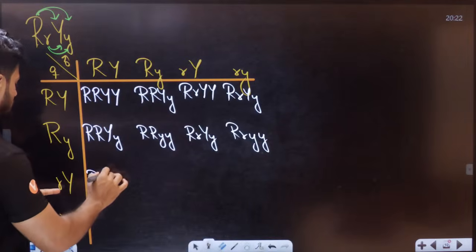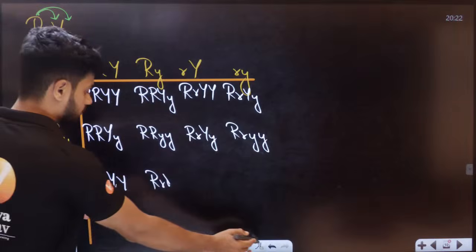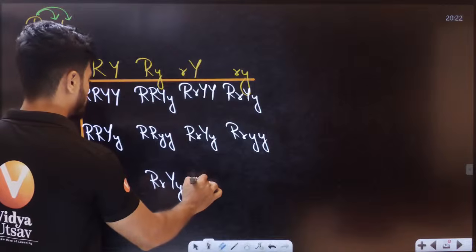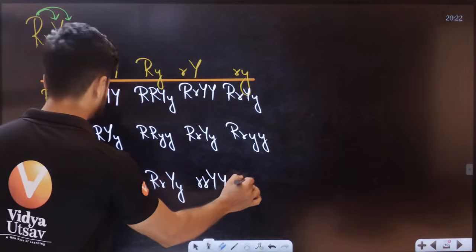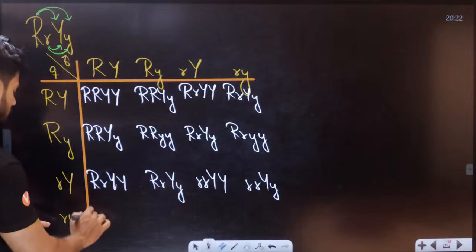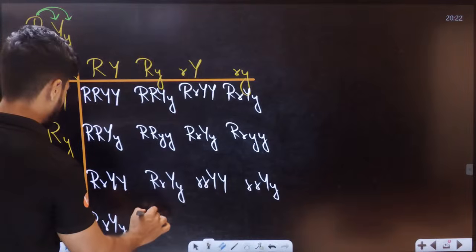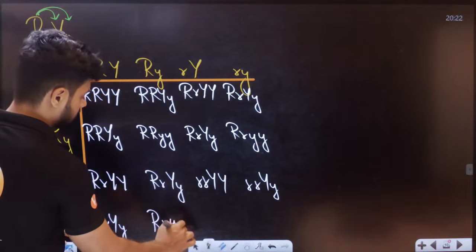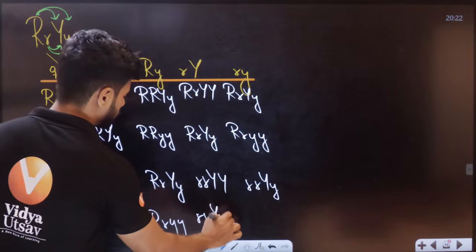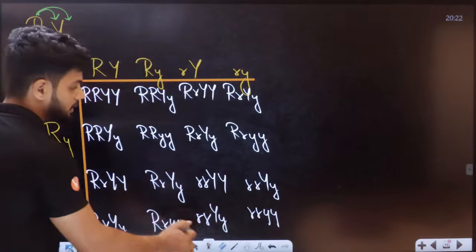Capital R, small r, capital Y, capital Y. Capital R, small r, capital Y, small y. Small r, capital Y, small y. Capital R, small y, small y. Small r, capital Y, small y. And small r, small y, small y. And with that, I am done.